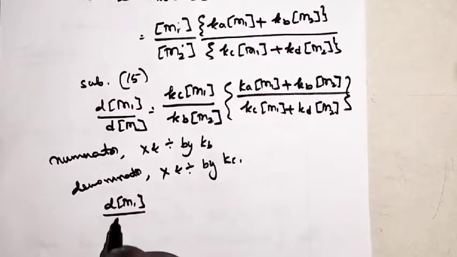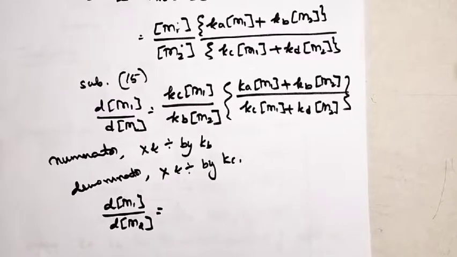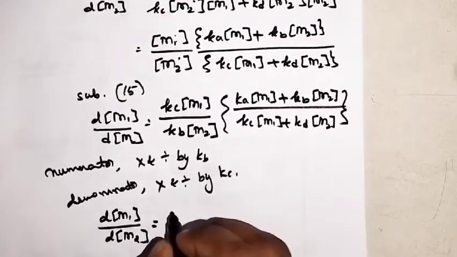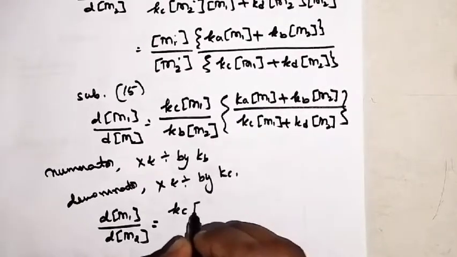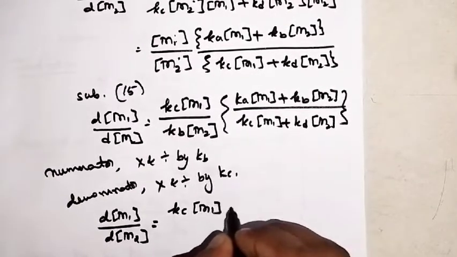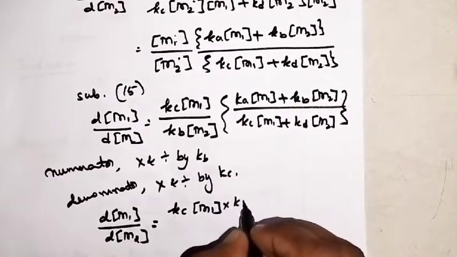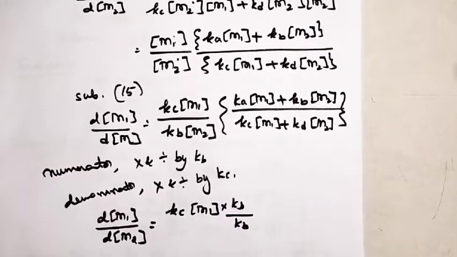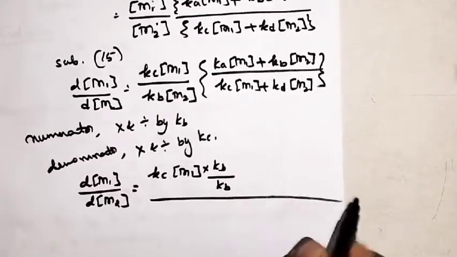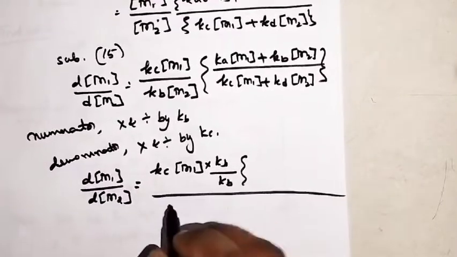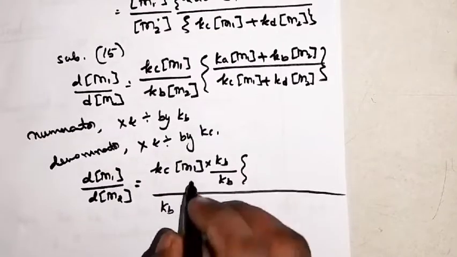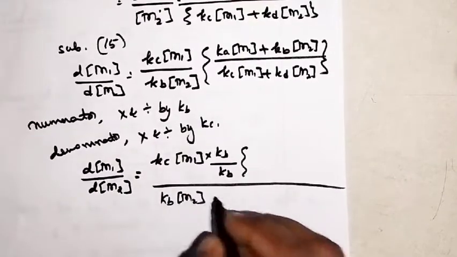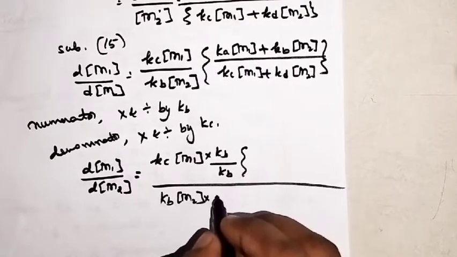d[M1]/d[M2] is equal to, okay, to the numerator you are multiplying and dividing by Kb. So I write here Kc into concentration of M1, multiplying means writing here and dividing, writing like this. Okay, Kb divided by Kb, and write the remaining term as such, Kb into concentration of M2 into here Kc, right?